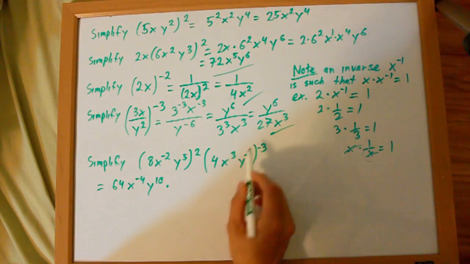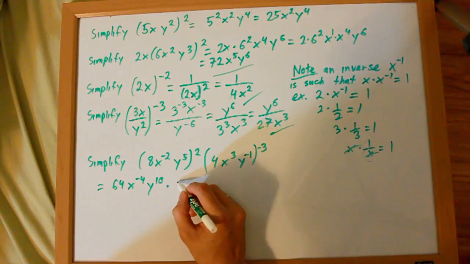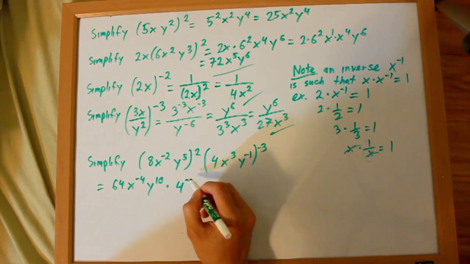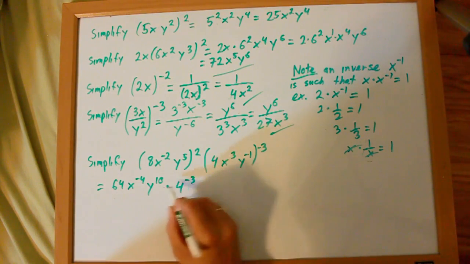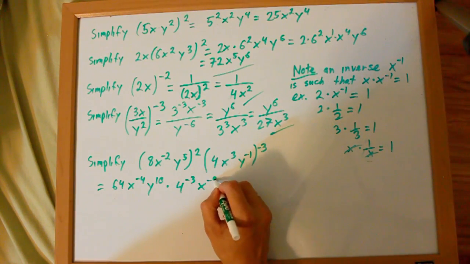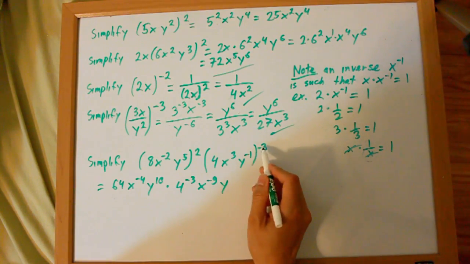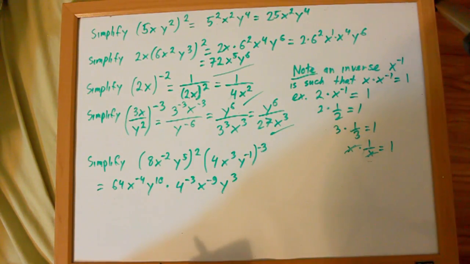And for our second one, since this is a negative power, let's multiply it after we do all the flipping. So 4 to the negative 3, x to the negative 9, and y is negative 1 times negative 3, which is a positive 3.